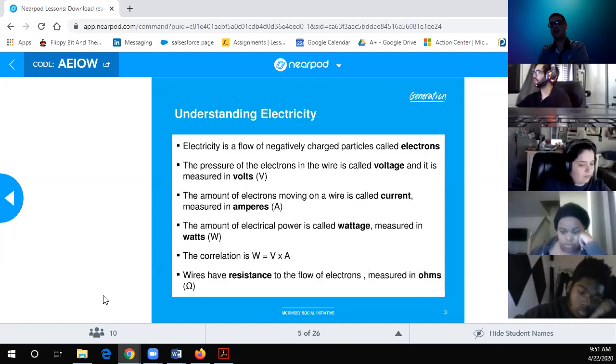Questions, doubts? Wires have a resistance, meaning how much they resist the flow of electrons, and that's measured in ohms.